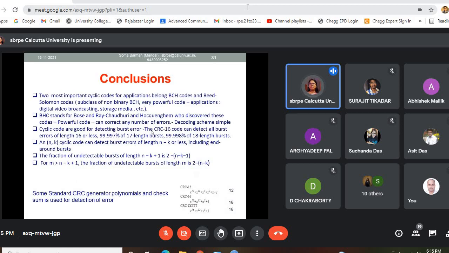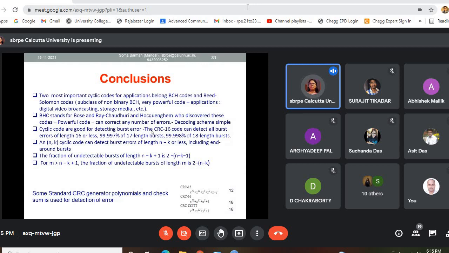So the two most important cyclic code applications are the Bose-Chaudhuri code and the Reed-Solomon code. Reed-Solomon is a very important code. I have already mentioned it in the second lecture, I think, when I discussed the different types of error that occur in wireless communication.